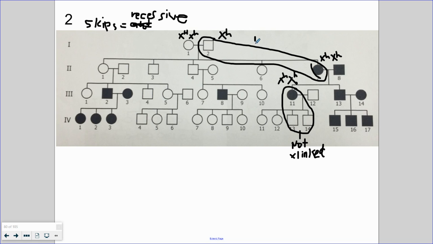Dad doesn't have it here, so again, it's not X-linked. Oops, it's not very good writing. So for this purpose alone, I'm going to say this one is autosomal recessive. And I'm going to choose that as my mode of transmission.